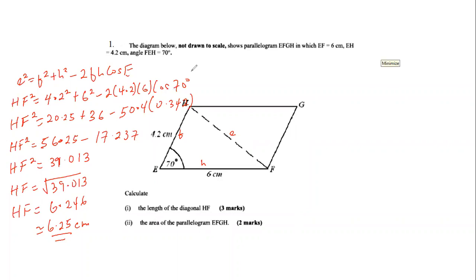So the second question is a little bit interesting, right? They asked you to find the area of the parallelogram. Anybody can tell me which formula will you use to find the area of a parallelogram here?